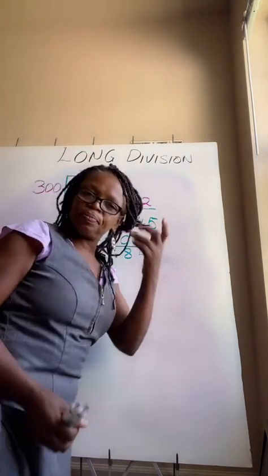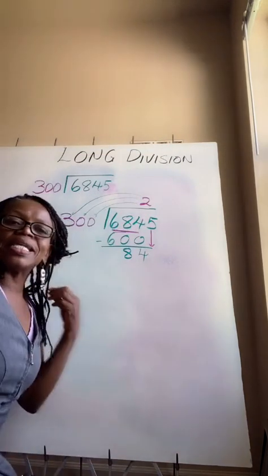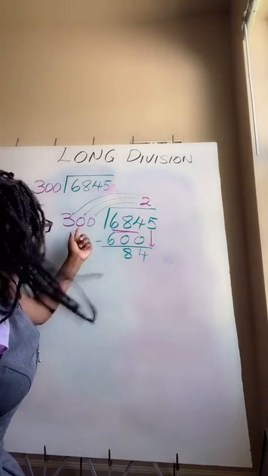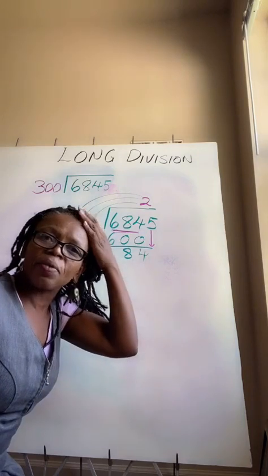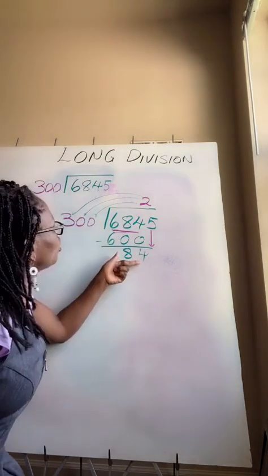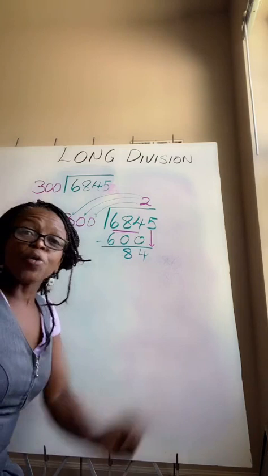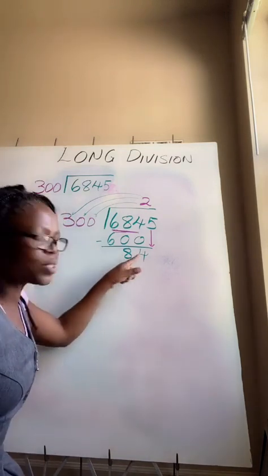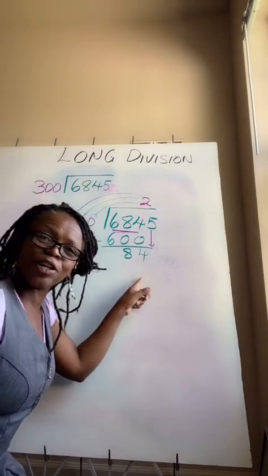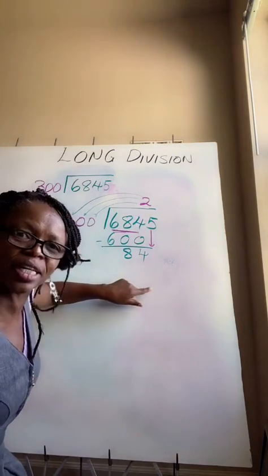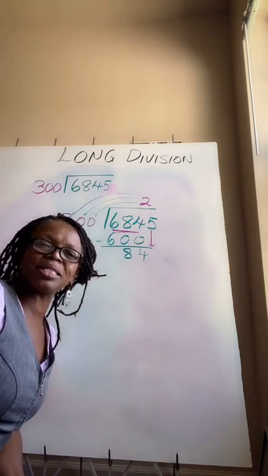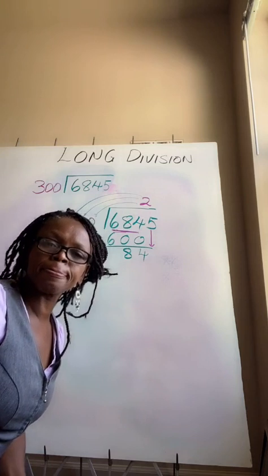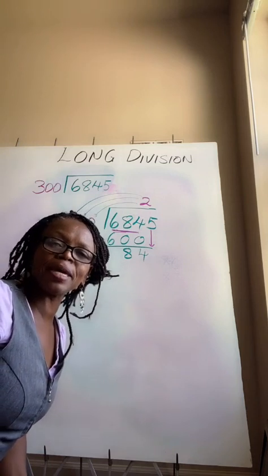Let's say for example you were down here and you looked up here and said, oh, wait, 300 still goes into this number here. We must have made a mistake. If you come down here after you subtract and learn that 300 can still go into this, then we know we made a mistake. Does that make sense?